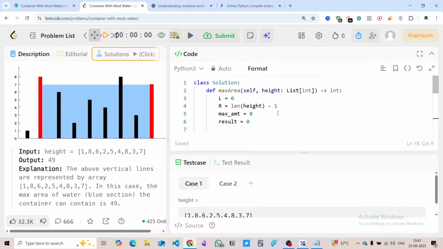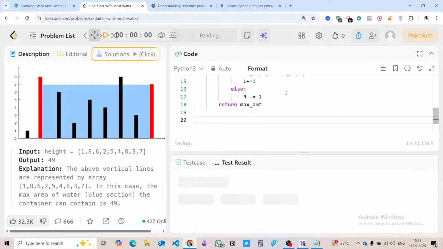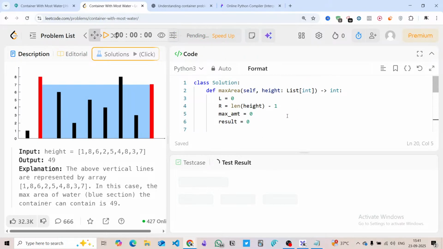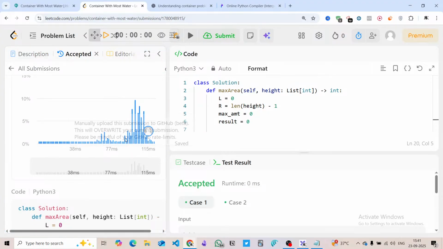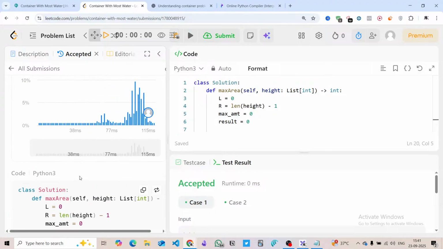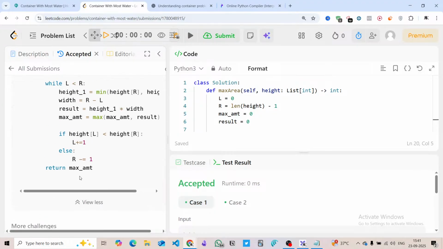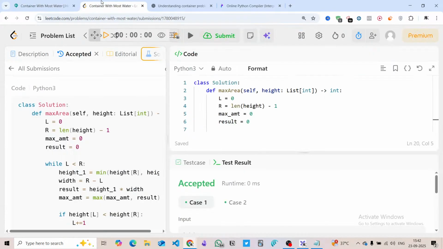Just return max. Okay, so it works. So yeah, we solved this one.